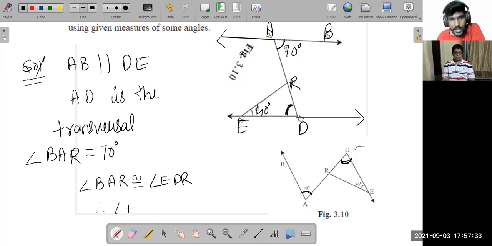Therefore, angle EDR will be 70 degrees. Here you can give the reason: alternate angle.